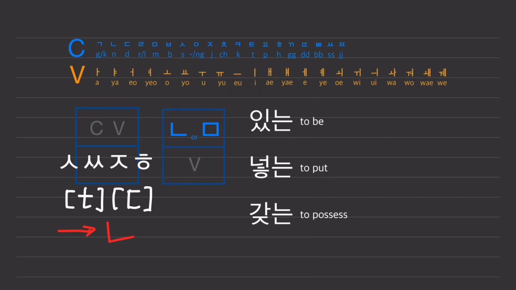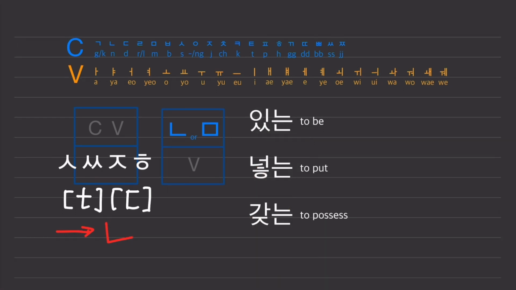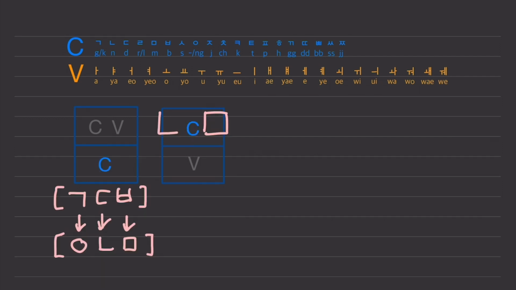By itself, we read it as it, not kat. That means these 받침 sounds are the same as the 받침. So, when it's followed by N sound, we have to read them as 있는, 넣는, 갖는. There is no complication. It's pretty intuitive, right?